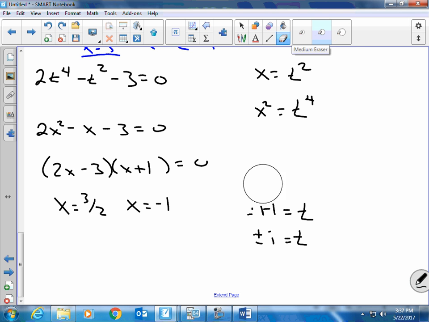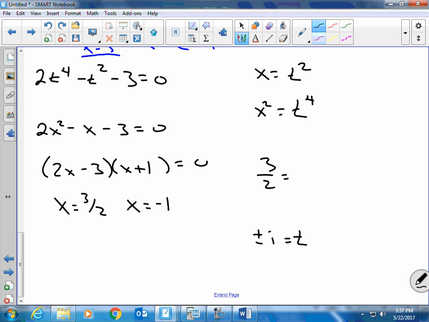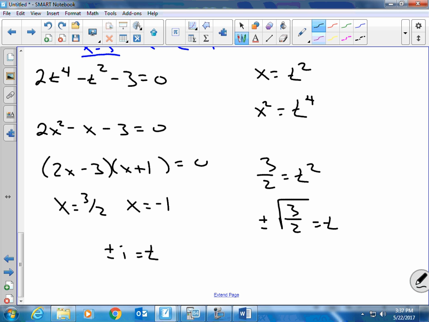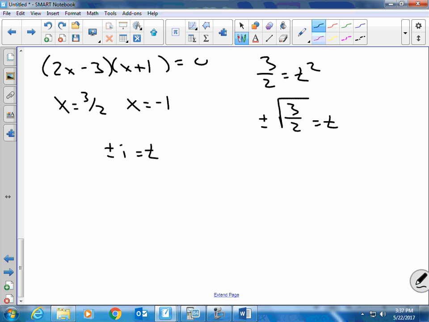Next one. Same logic. x equals 3/2. So 3/2 needs to be t squared. Let me grab this and slide it over here. So we get plus or minus the square root of 3/2 equals t, square rooting both sides. And when you have a fraction inside, we have to split that into its two parts.